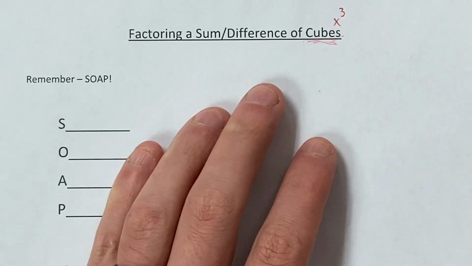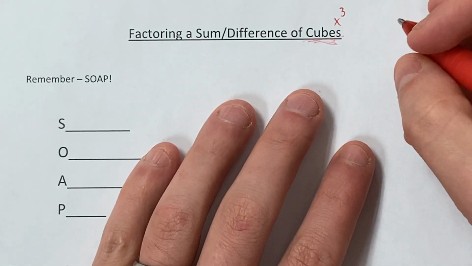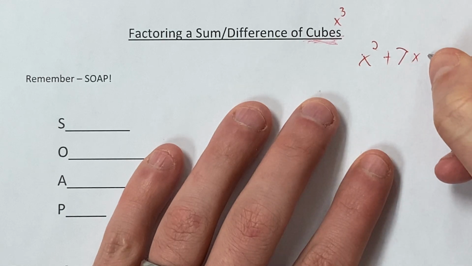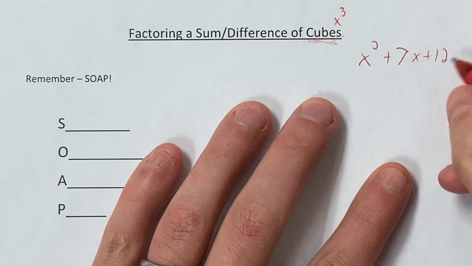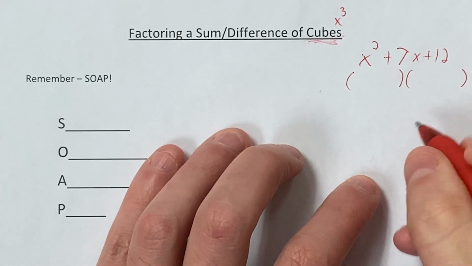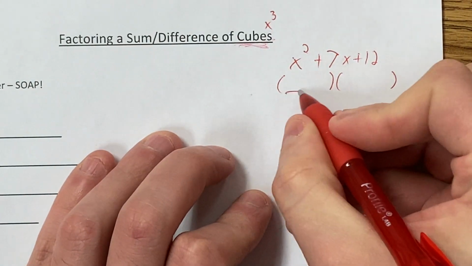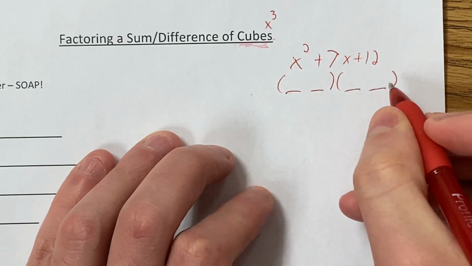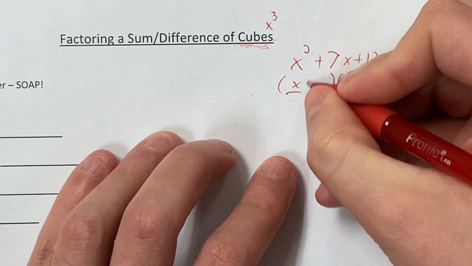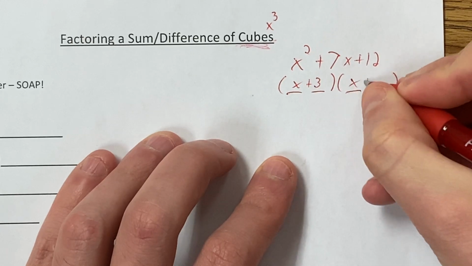First of all, just to compare what we've done in the past, we used to have something that's 3 terms long, like this, and when you got an answer, it was 2 sets of parentheses, and each of those sets of parentheses had 2 things in it. For this specific problem, you would see it's x plus 3 and x plus 4.